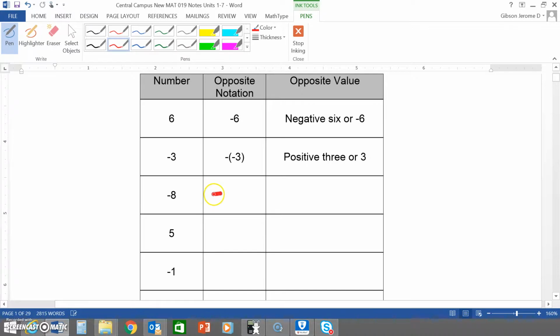Then 8, -8, we have the opposite of -8, which gives us +8 or 8. Then we have 5. We have the opposite of 5, which is -5.